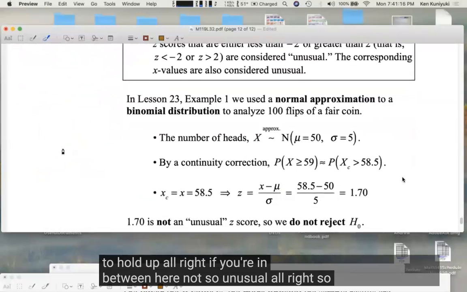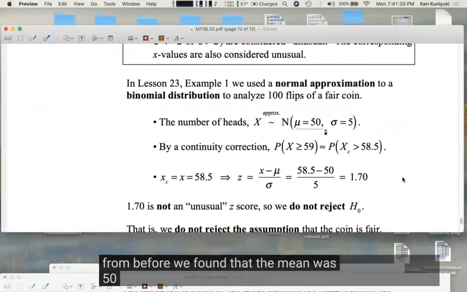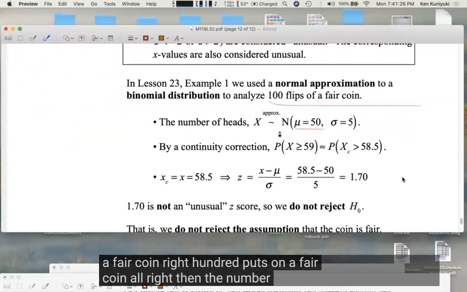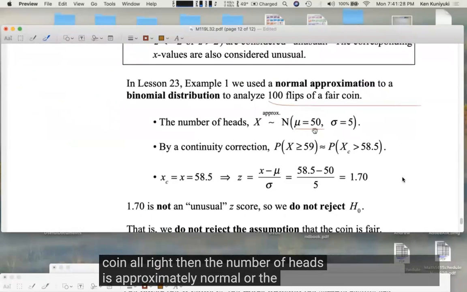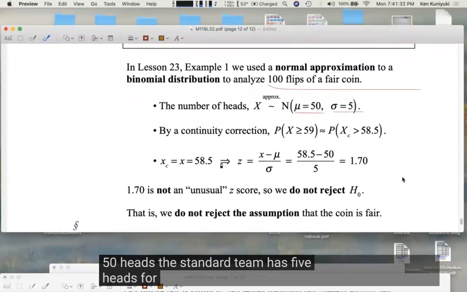So from before, we found that if you have 100 flips of a fair coin, then the number of heads is approximately normal, where the mean is 50 heads, the standard deviation is 5 heads. For 58.5, that's after continuity correction.